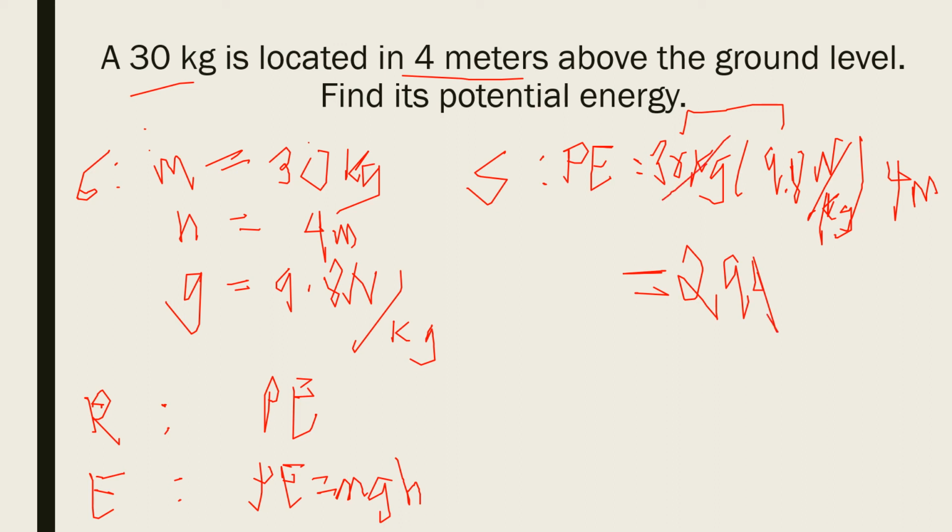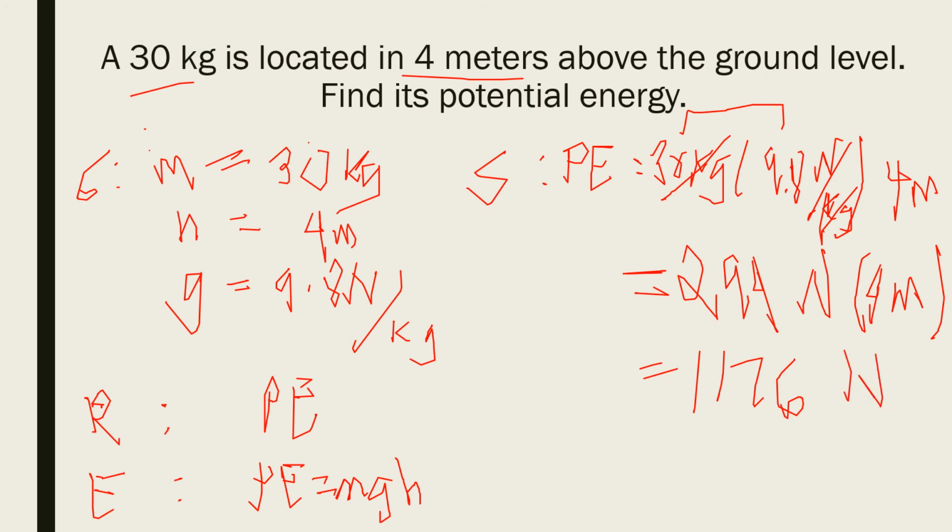Since there are 2 units of kilogram, cancel. The remaining unit is Newton multiplied by 4 meter. So 294 multiplied by 4, the correct answer is 1,176 Newton.